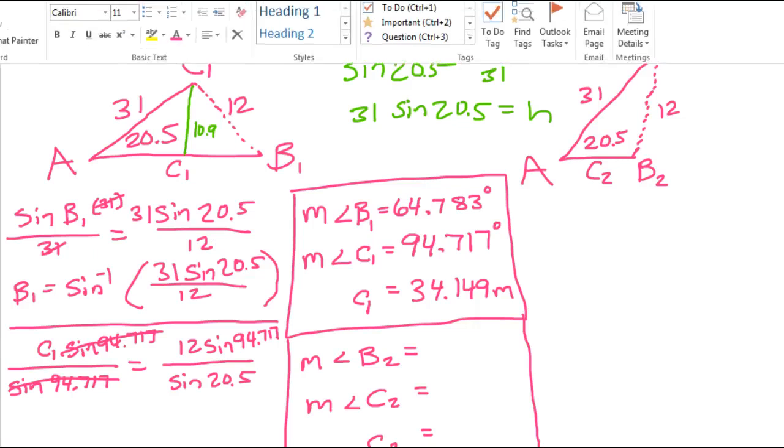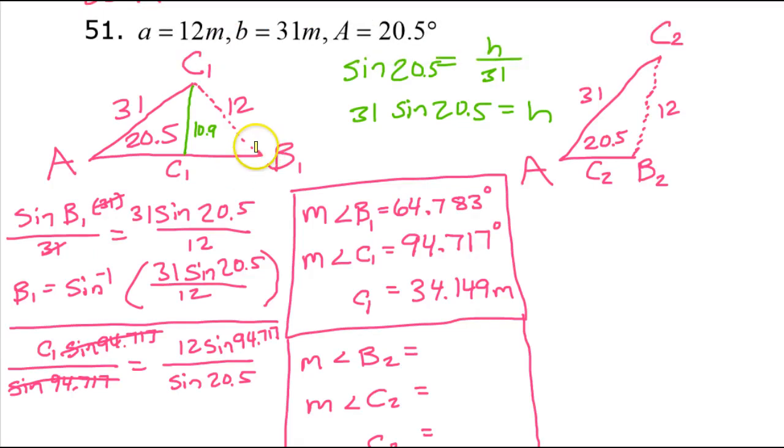Now here's the key. When you do this swinging rope to get your two triangles, the ambiguous case, the angle at the end of the swinging rope and the new angle that you get after the rope swings will always be supplementary. They will always add up to 180.